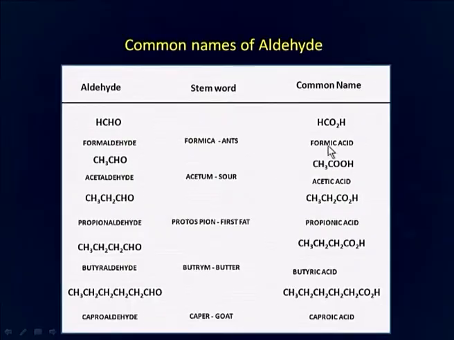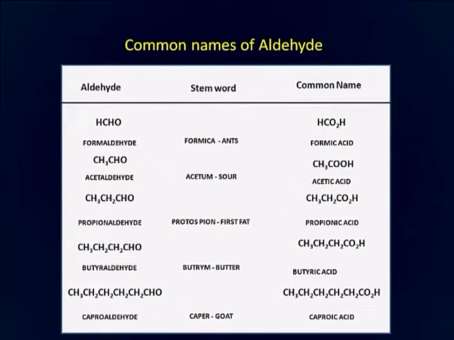We have in this table given the common names of some aldehydes which have been derived from their corresponding acids. For example, you can see here it is formic acid from which formaldehyde has been derived, and the word formic has been derived from ants actually. Formica means ants, and actually in ants this formic acid is present.